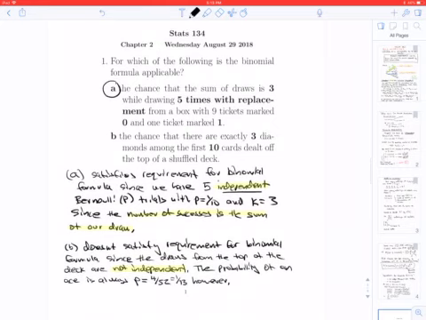We then did a concept test where I asked you to check off which of the following 2 scenarios the binomial formula applies to. And the answer is just the first one. So in the first one, we see that we are drawing with replacement, so we're going to have independence.